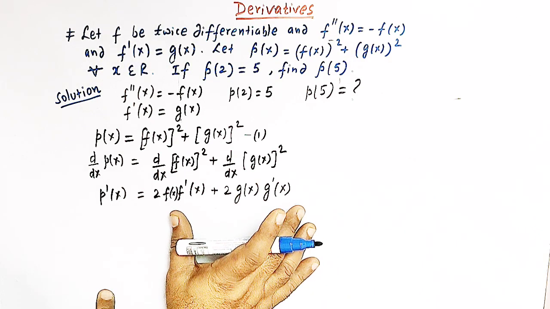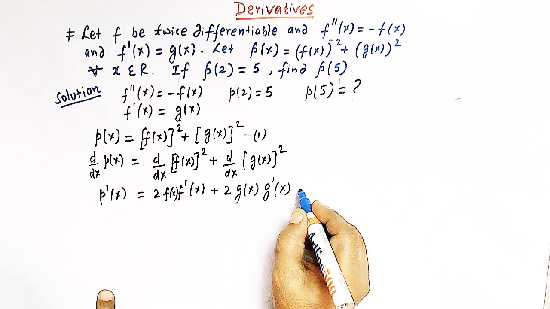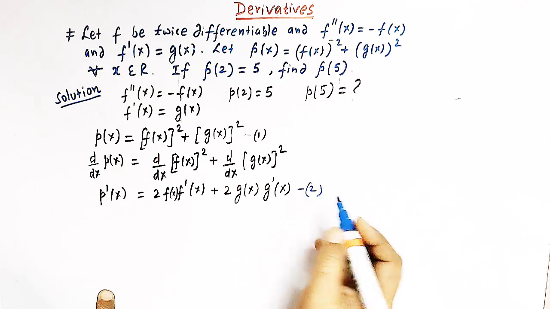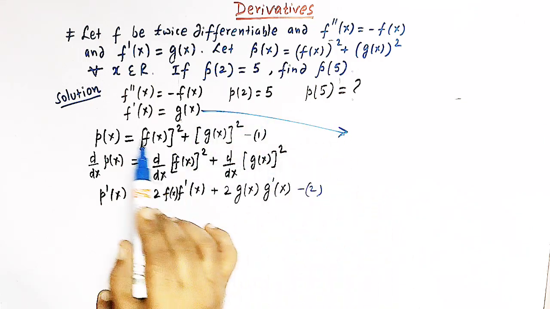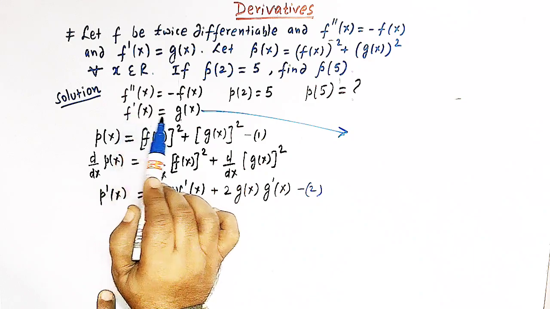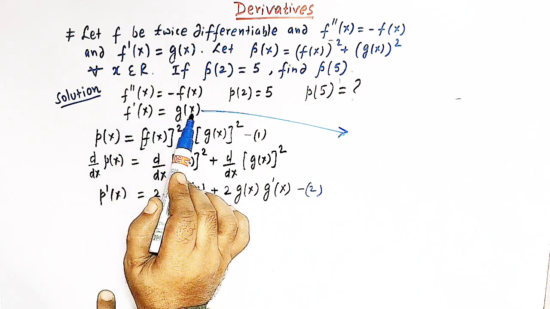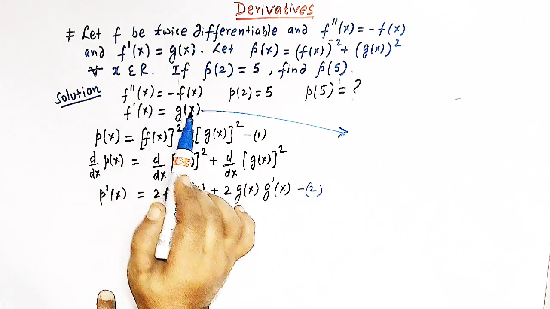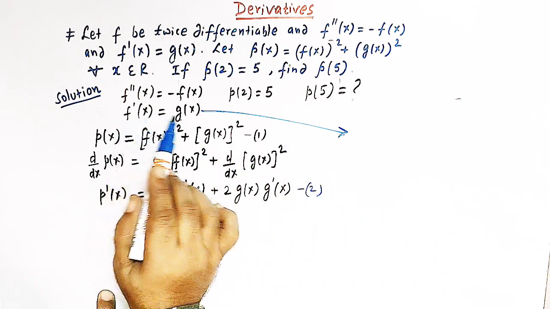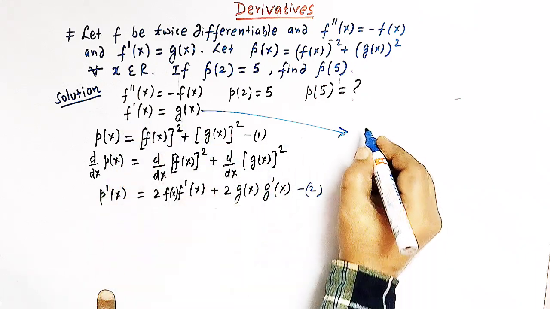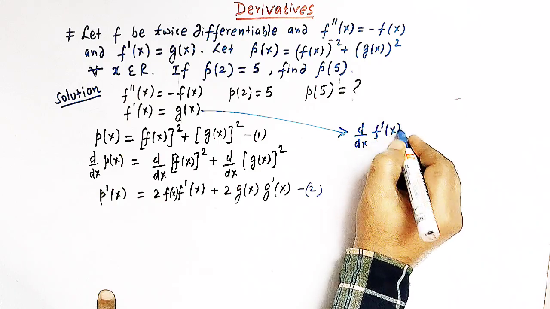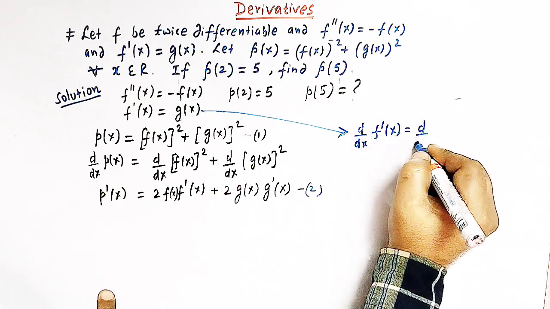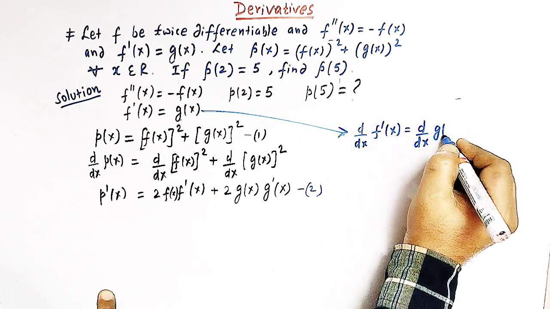So now we have this important equation. Now let us come to this one. So here we are given that f prime of x is equal to g of x. So let us differentiate both sides. So differentiating both sides with respect to x, we have d by dx of f prime of x equal to d by dx of g of x.